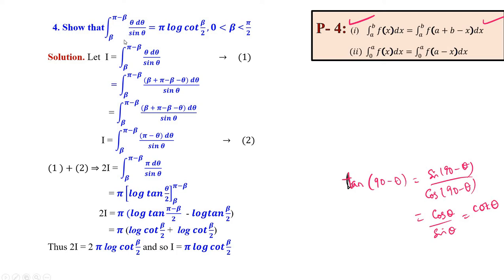Because of this, they are giving the limit for beta also, it has to lie between these two. We consider what is on the left side as I, and then we can rewrite this theta as beta plus pi minus beta minus theta.